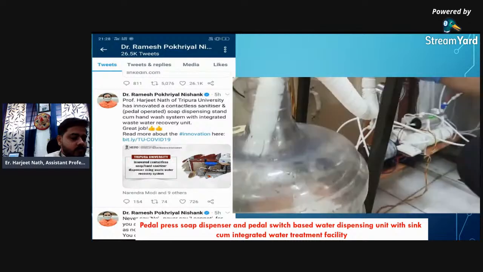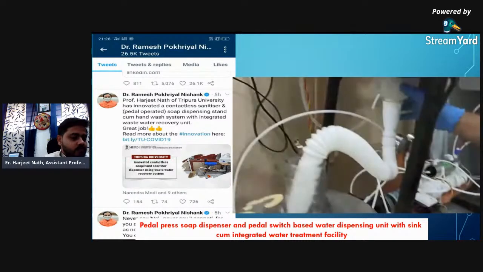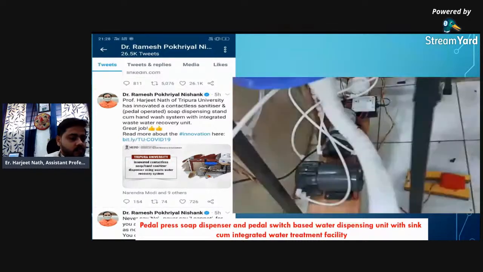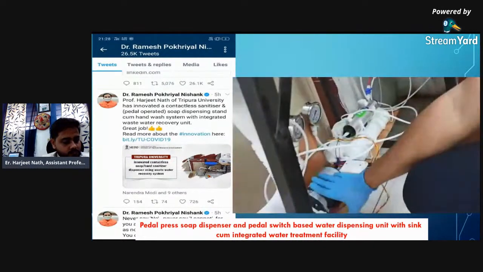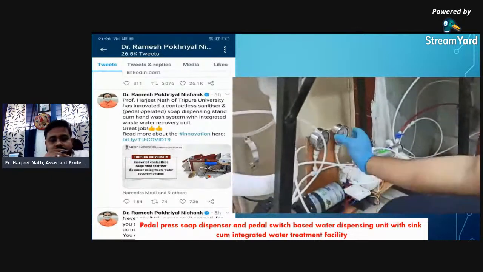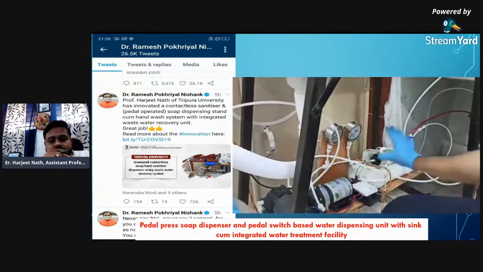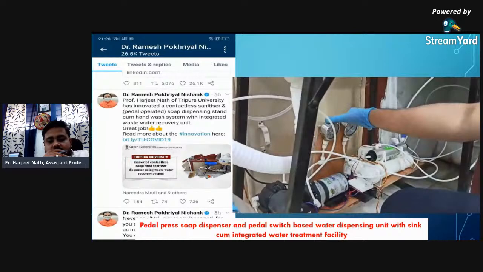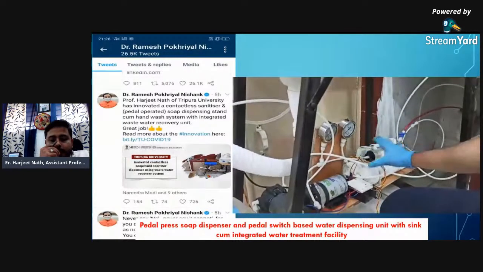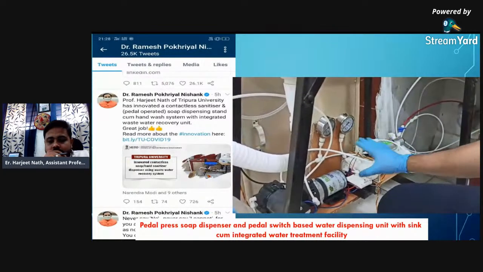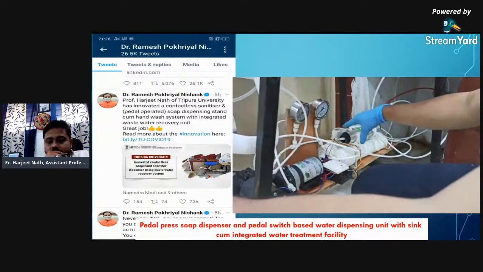You could see that it is coming from this sink to this device, and you have this pipe. From this pipe, it is connected to this pump, and from this pump you have a couple of water treatment facilities. We have pressure gauges by which you could see the operating pressure, and we have optimized it in such a way that the water plant works very safely.